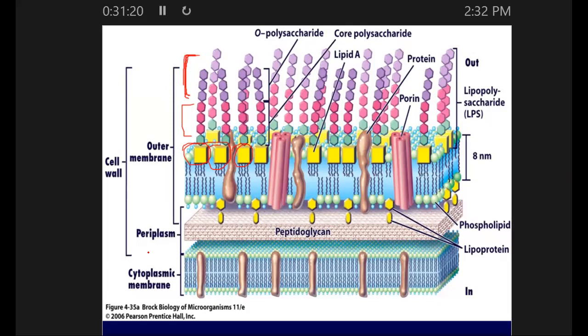It's quite complicated. The inner leaf is this section here. The inner leaf of the outer membrane looks pretty normal. It just looks like a typical phospholipid layer there. And that's pretty much what we see. All right, so it's that outer half of the outer membrane that's really complicated.